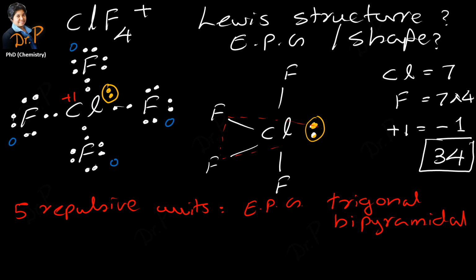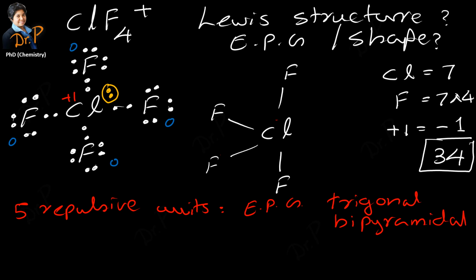Geometry is taken considering all the bonds and the lone pairs, but shape is a little bit different. When you take the shape, you can remove the lone pair from your mental picture. Don't remove it from the actual picture, otherwise it would be marked wrong, but just to visualize it, you can remove the lone pair from your picture and turn this molecule.